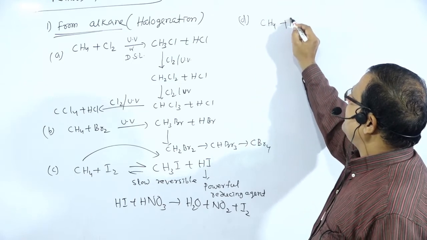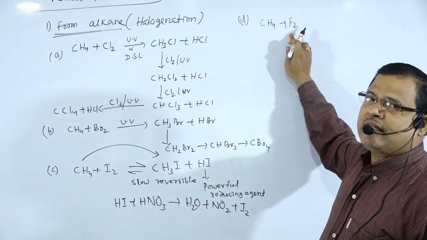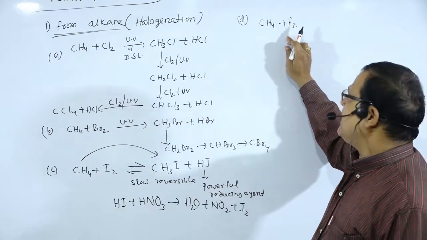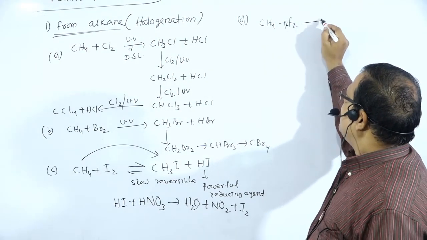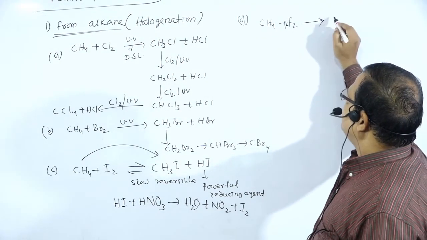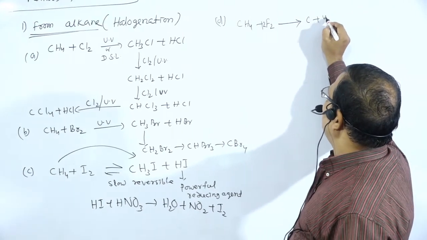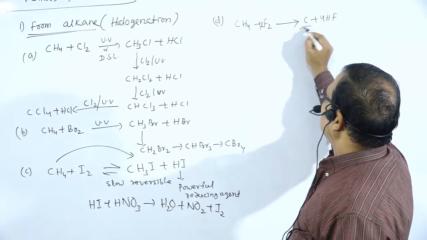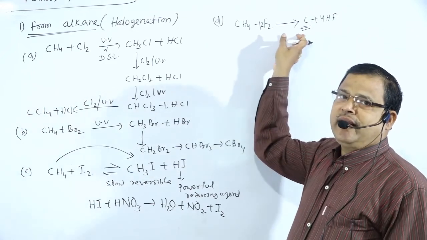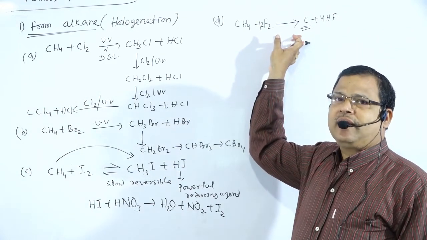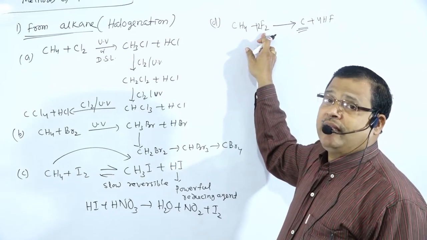CH4 plus F2: fluorine is highly reactive, so it reacts with methane to form carbon and 4HF. So there is no such fluorinated product, no formation of alkyl halide, because fluorine is highly reactive.